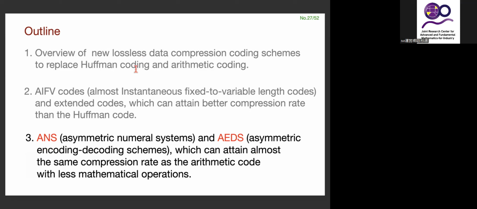On the other hand, for a long data sequence, Huffman coding cannot attain good data compression because the encoding is done symbol by symbol. On the other hand, ANS and AEDS encode and decode the data sequence at the same time.